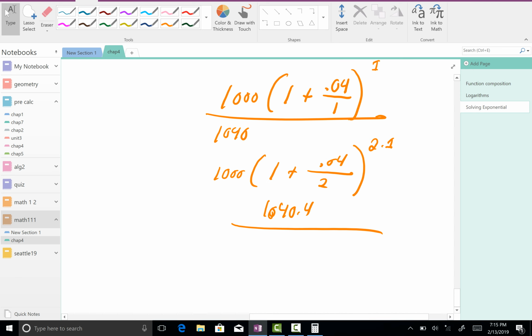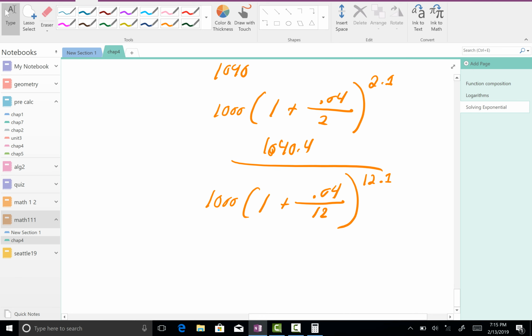All right. So let's jump ahead a little bit here and let's do it monthly. All right. So we're going to take 1,000 times 1 plus 0.04. We're compounding it monthly, which is what most loans do. Okay, so put that in and see what you get.